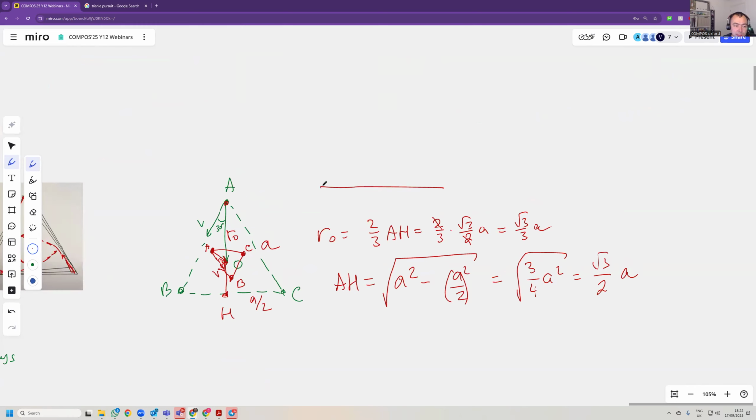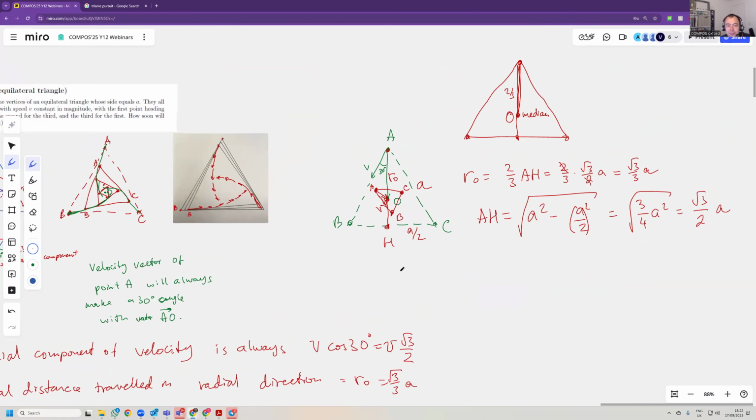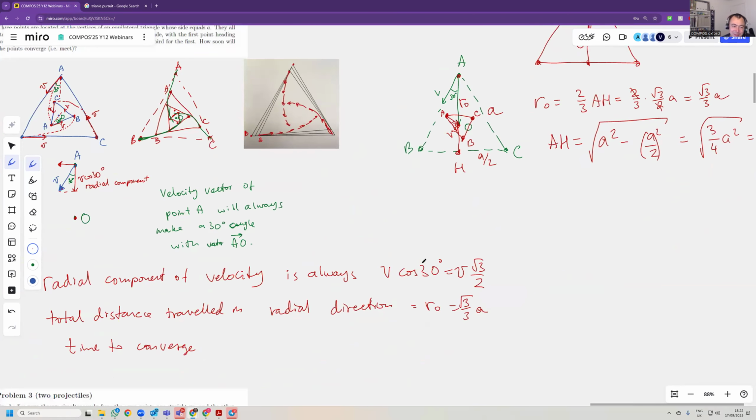So if you take the median line of a triangle, then this distance is 2/3 of the median. The center of a triangle splits the median in proportion 2 to 1.